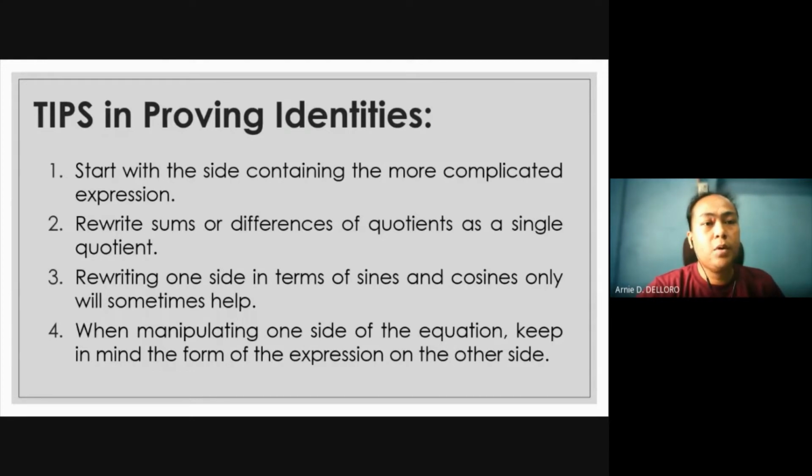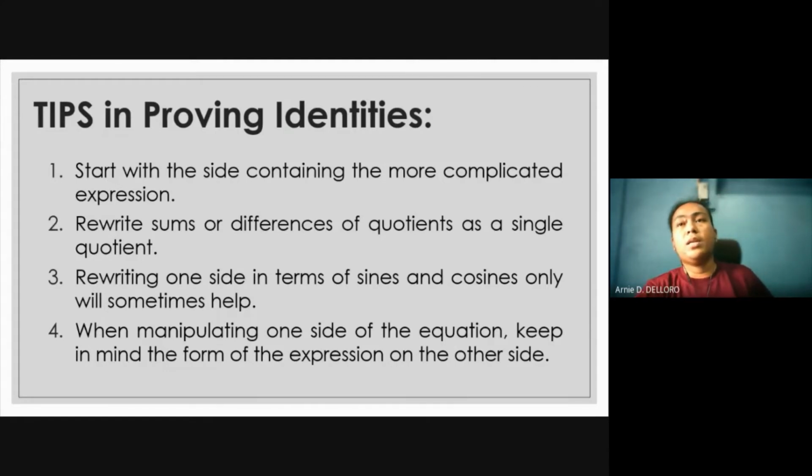So, most of the time, it is only one side of the equation that will be complicated. Most of the time. So, isang side lang yung mas komplikado. Okay? However, it is also possible, sabi ko nga dito sa number 1, that both sides of the equation contain complicated expressions.